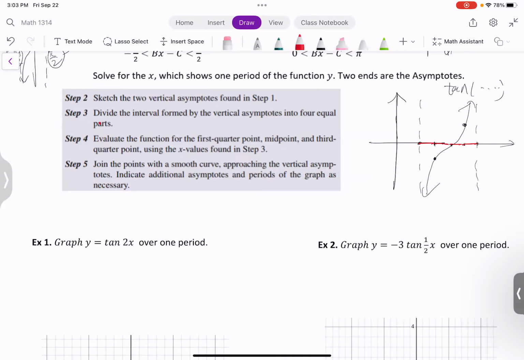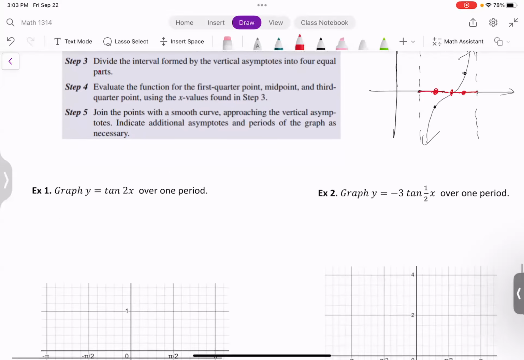And step 4 evaluates the function for the first quarter point, middle point, and third quarter point using the x values found in step 3. Find the values of these 3 points. Number 5, find their y values and use a smooth curve to connect them. So I can graph my tangent or cotangent function.